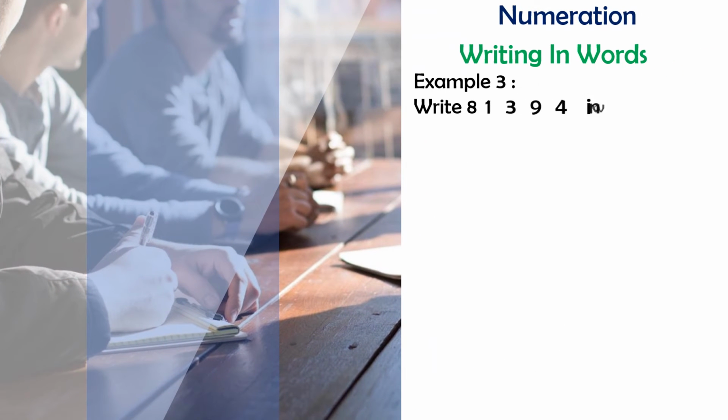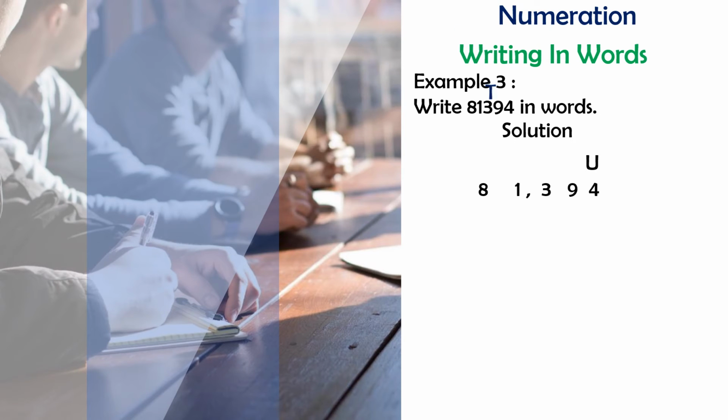Example. Write 81394 in words. Let's write the solution. Then specify the numbers being given to you. And remember to add your comma. Okay? Then let's place the place values.